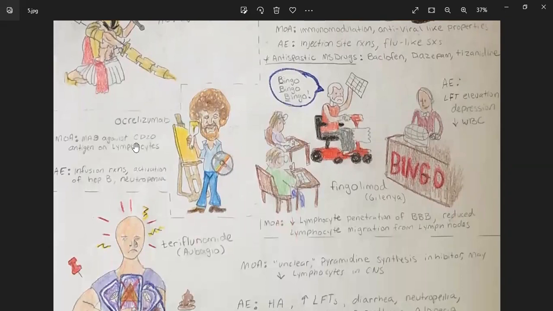Moving down here, we have the great Bob Ross, and he is using his favorite color, yellow ochre. If you don't watch Bob Ross, you won't get this joke. But every time he paints a picture, he always uses the color yellow ochre, that and phthalo blue. So anyway, ochre for ocrelizumab. And instead of holding a palette, he's holding a CD.